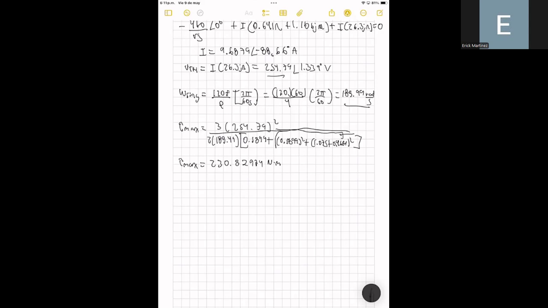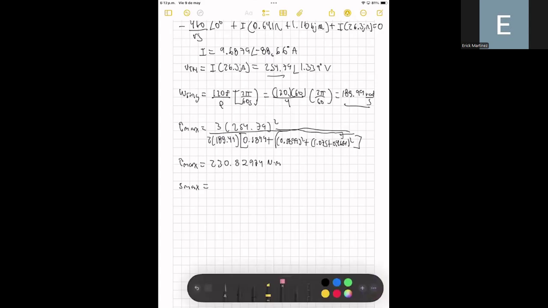But remember that the problem asks us to compute also at which slip this maximum torque occurs. So remember that we have the following relationship for the slip that produces the maximum torque. Before that, I need to write the equation, just for clarity.